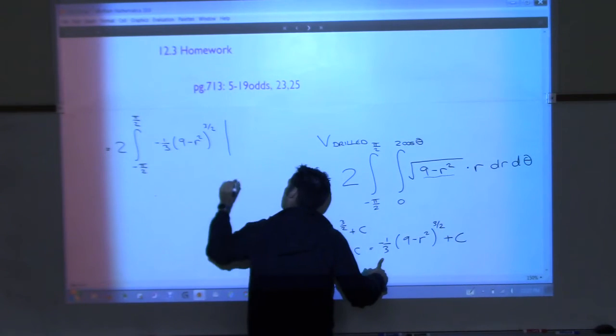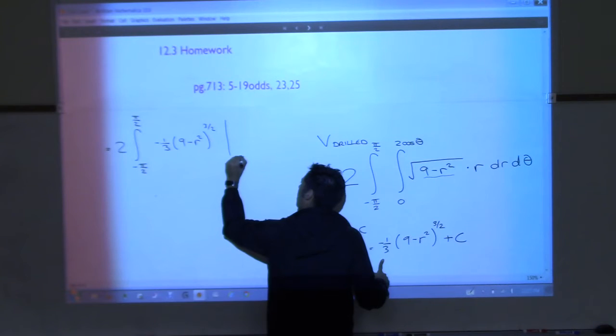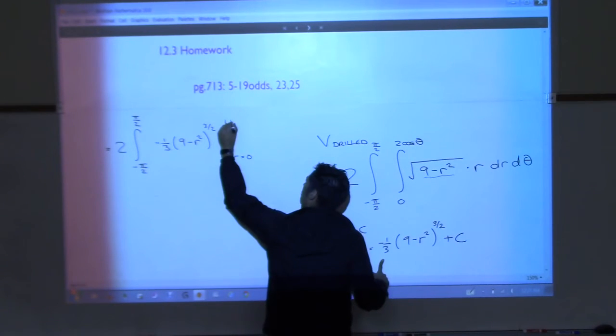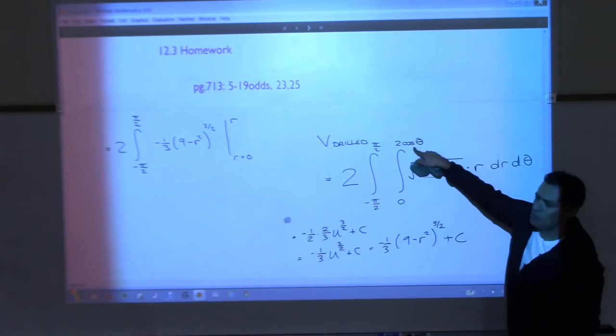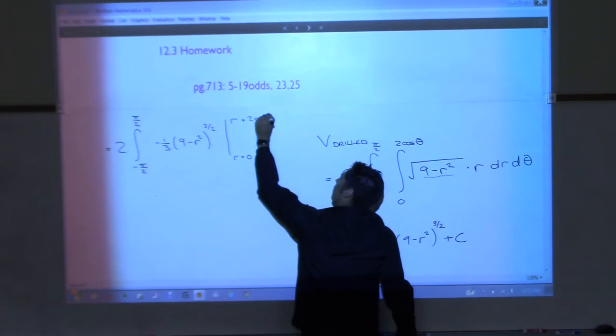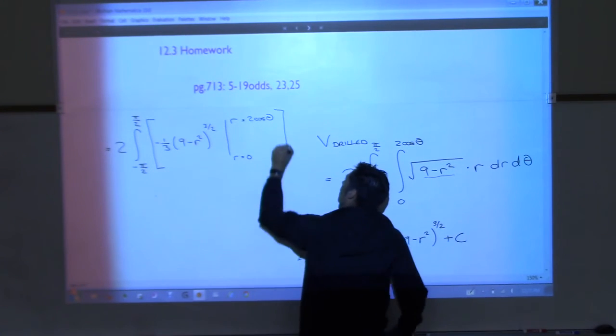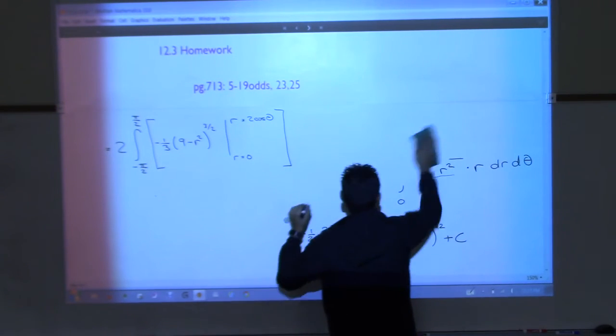And we're evaluating this from where to where? R is 0, right? To r is what? 2 cosine theta. Got to figure out what all that is. And then the next part would be d theta.